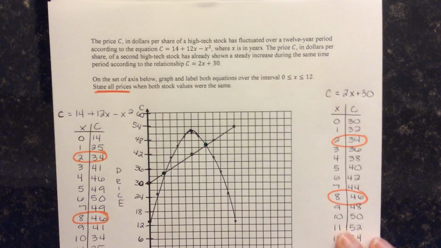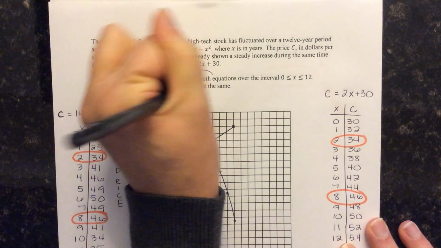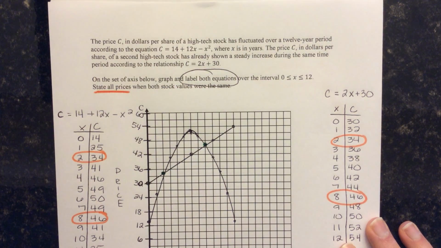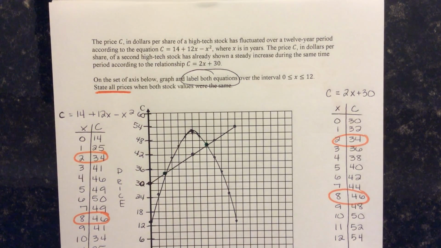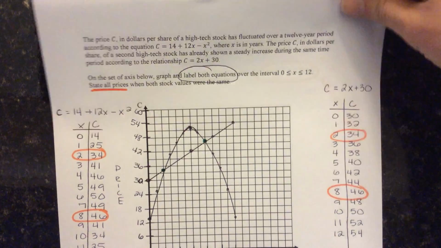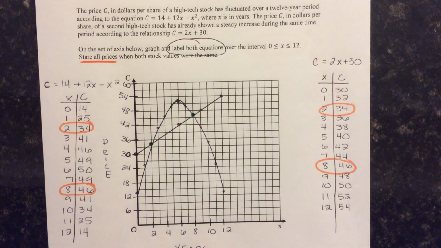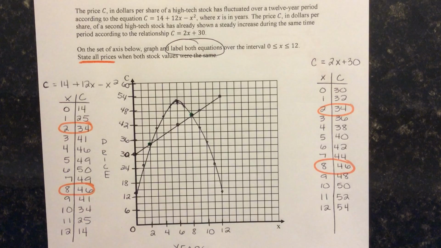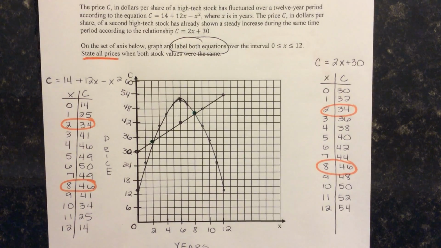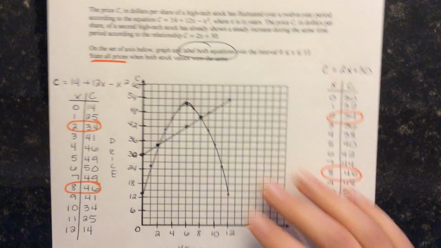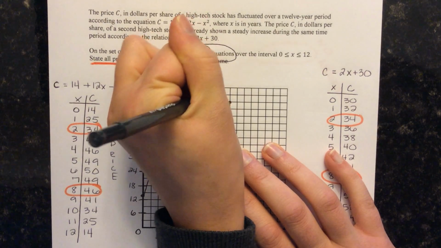Now, where I'm losing points right now is I haven't done this part yet. Label both equations. Okay, so it specifically told me to do both, so I have to label both. Unfortunately, they didn't use certain letters. They use the same thing, so I got to write down that entire equation. So, and just make sure that we can see it.